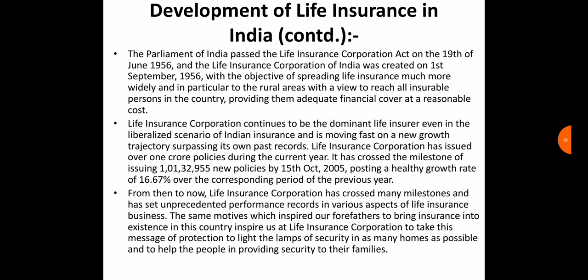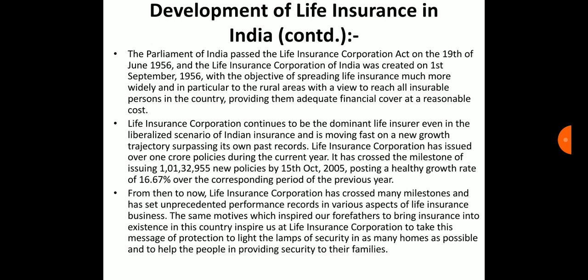Life Insurance Corporation continues to be the dominant life insurer even in the liberalized scenario of Indian insurance and is moving fast on a new growth trajectory, surpassing its own past records. Life Insurance Corporation has issued over 1 crore policies during the current year.